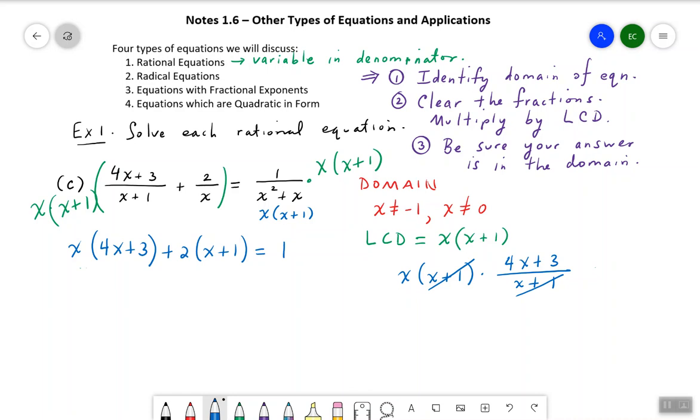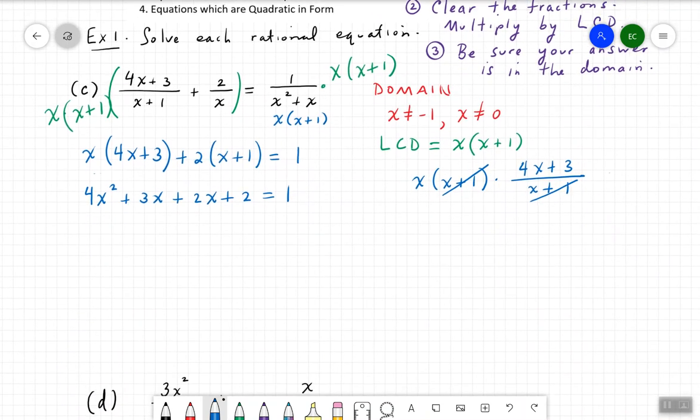Okay, let's go ahead and solve this quadratic. Let's distribute the x and get 4x squared plus 3x. Let's distribute the 2, get 2x plus 2, and then all that's equal to 1.